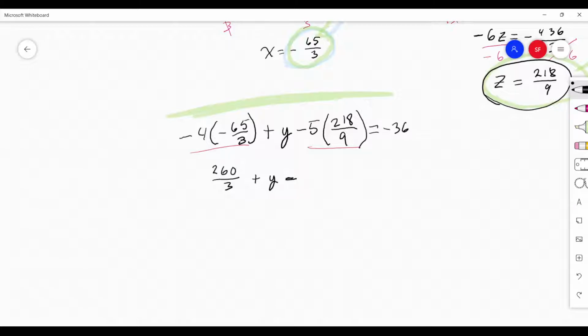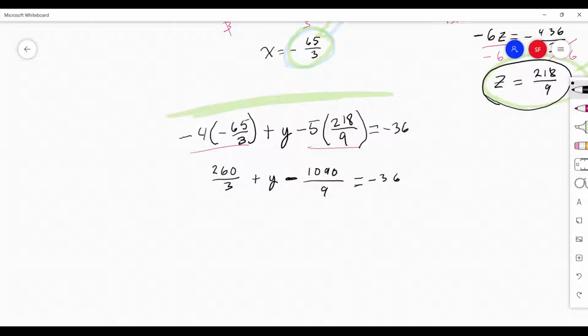So let's see, 5 times 218 divided by 9 equals that. Convert back to a fraction. Equals negative 1090 over 9. Aren't these cute? Equals negative 36.